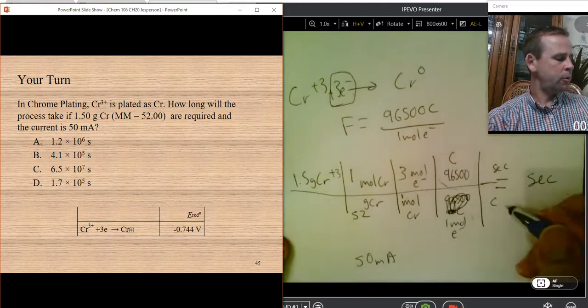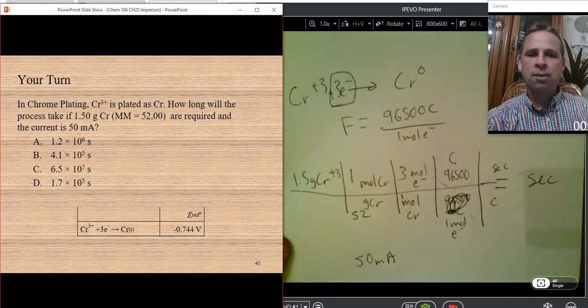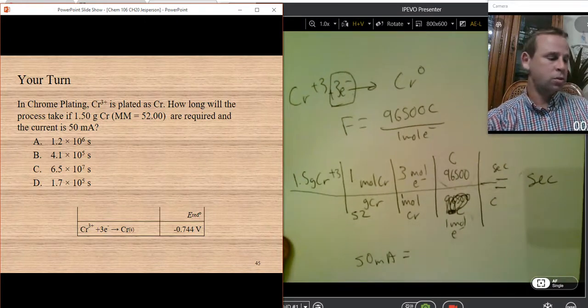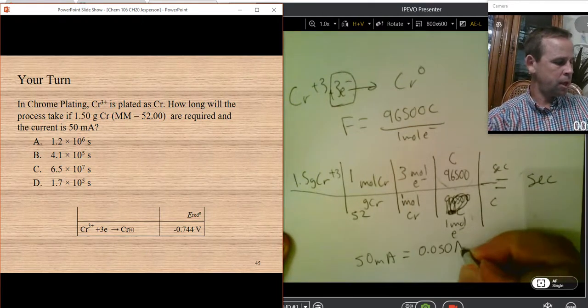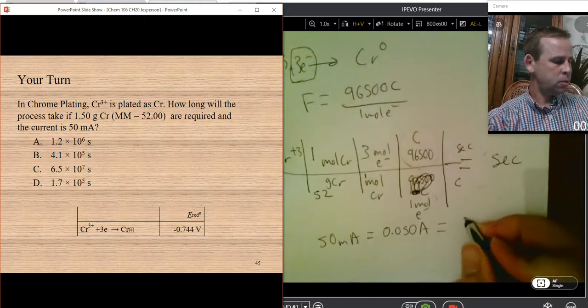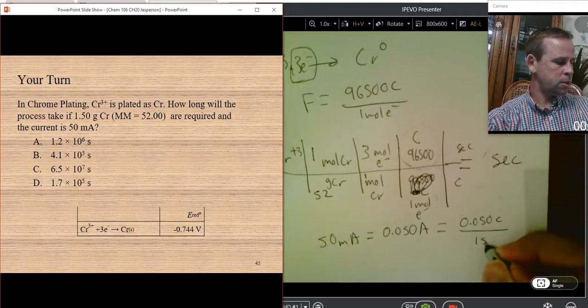All right, and then after I'm in coulombs, now I just have to get how many seconds out of coulombs by utilizing their information about 50 milliamps of current. 50 milliamps of current, that's equivalent to 0.050 amps of current, and an amp is 0.050 coulombs for every 1 second.